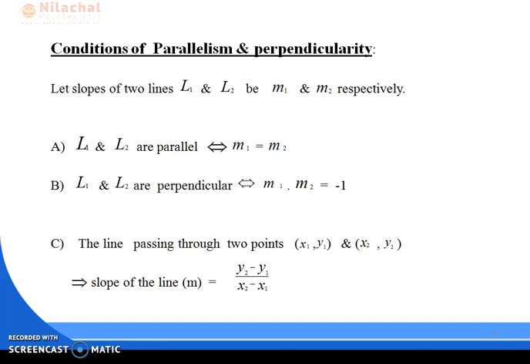We know that if theta, the angle of inclination, is given, then you can find the slope of the line. But here two points on the line are given, so we can find the slope. What is the formula? The slope of the line is y2 minus y1 by x2 minus x1. That is, the y-coordinate difference by the x-coordinate difference.